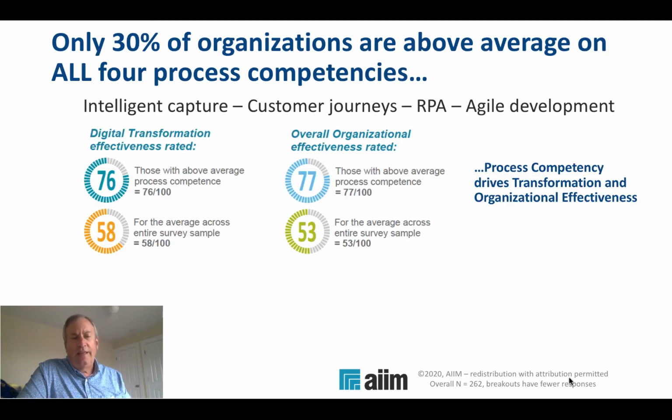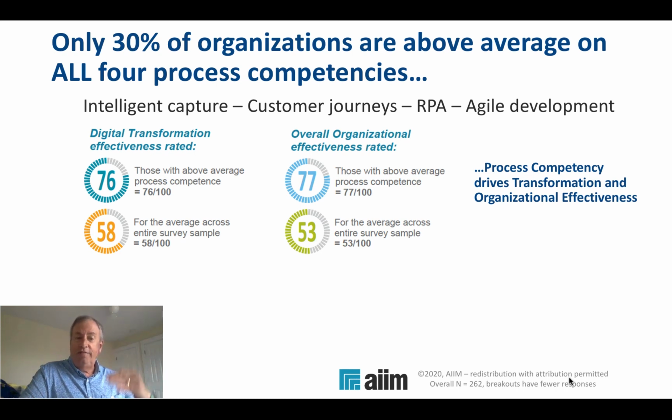And so the last thing that we wanted to cover, and it's kind of interesting, if you go back to that previous slide and think about those competencies, what we did was took a look at the organizations in which all 4 of those competencies were above average. And then we said, okay, let's look at what they look like relative to digital transformation effectiveness and what they look like relative to overall organizational effectiveness.